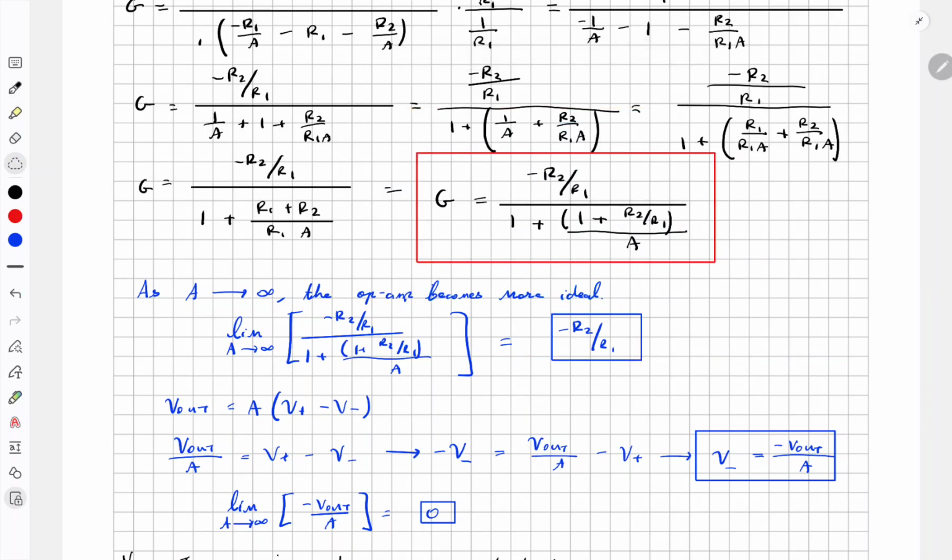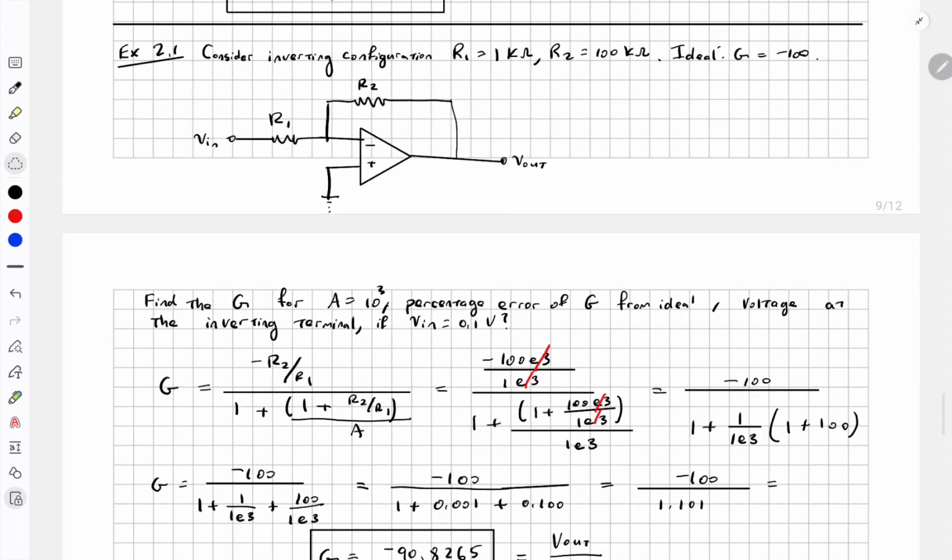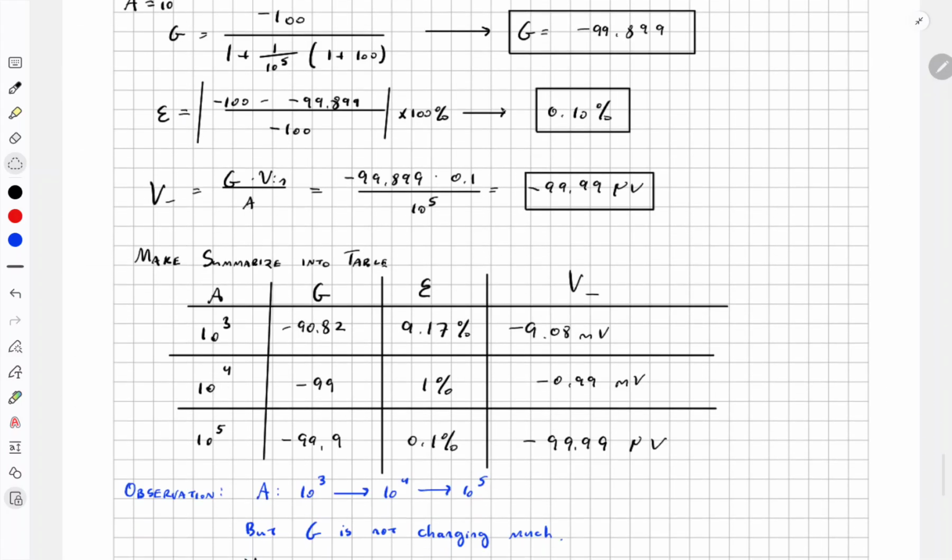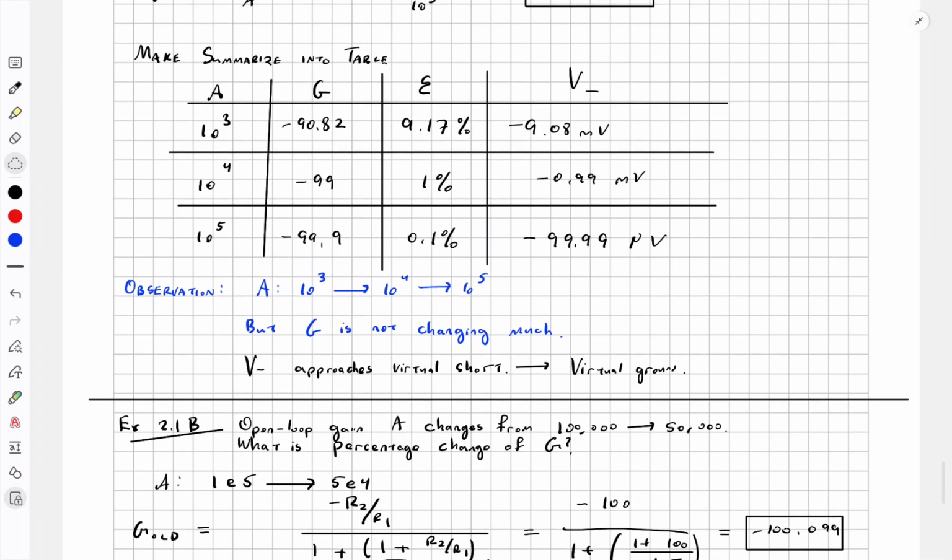The thing is, as we did in the practice problem, we discovered that when we change the open loop gain value, multiplying by 10 times 10 times 10, the closed loop gain is not being severely affected.